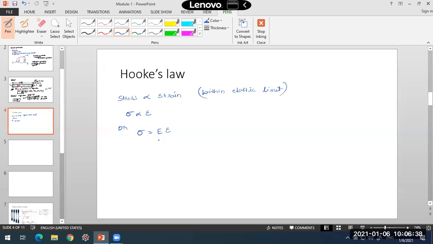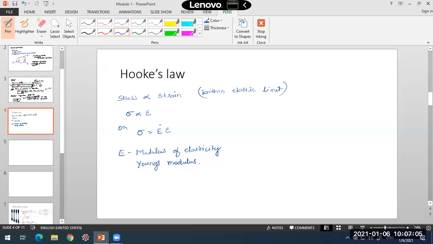Stress will be equal to E into epsilon. This E is the property of a material. We call it the modulus of elasticity, or the Young's modulus.